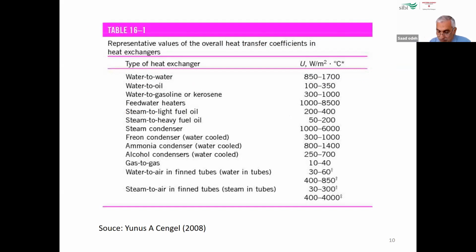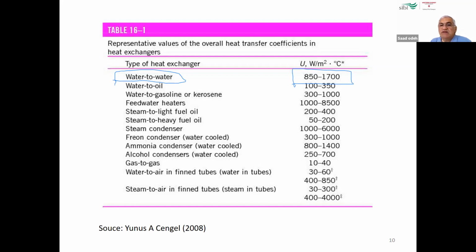We will not use this table to find U, of course, but it's a measure for you to let you know whether your U value is correct or not. So for example, if you found U for, let's say, a water to water heat exchanger, where both fluids in the heat exchanger are water, and you found U not in this range, then there must be something wrong in your calculation.